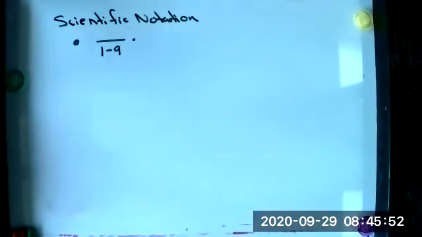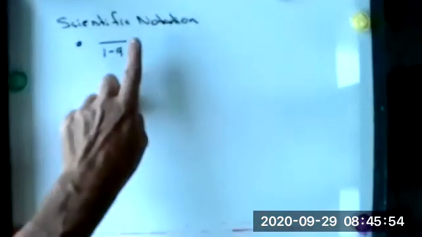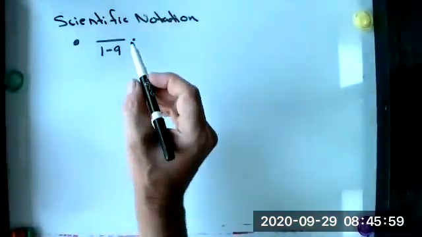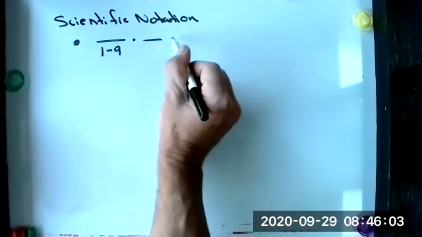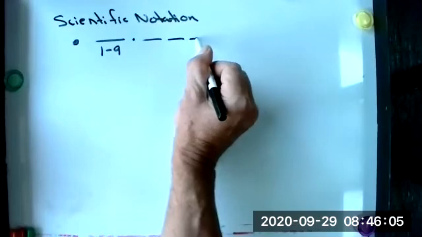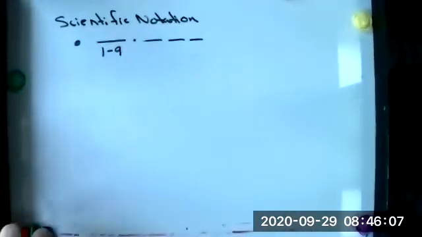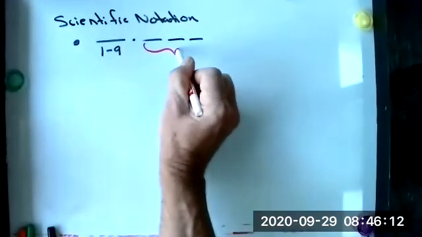You cannot put a 0 there. Then the decimal. These spots that are sitting over here, they're for you to use to get the proper number of SIGs in your final answer.